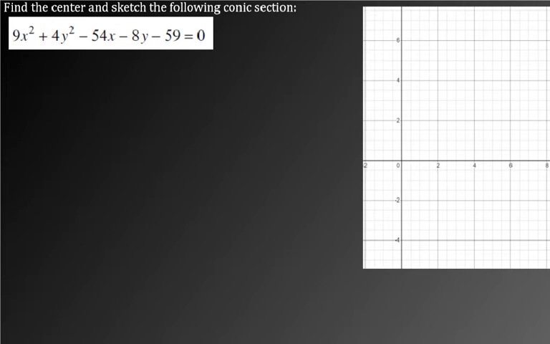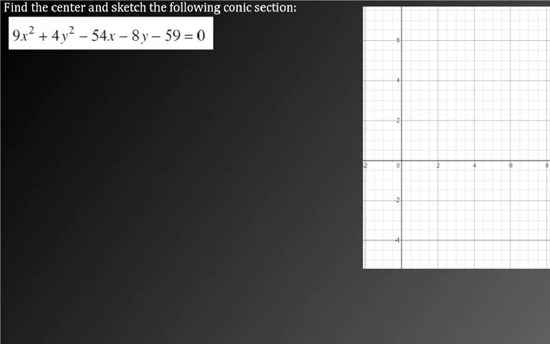We have one of these conic sections that's written in this form, and we want to turn it into the standard form where we can see the center and know the A and B values, so we can sketch it. This is one where you have to complete the square. We have some X things, some Y things, and a number. We don't need the number there, so we can move it over.